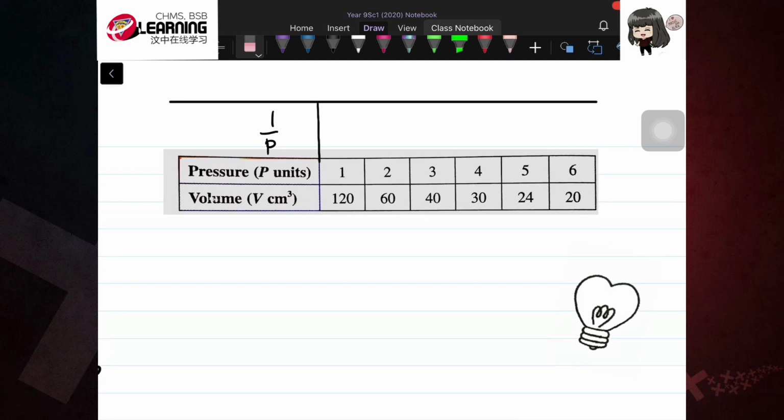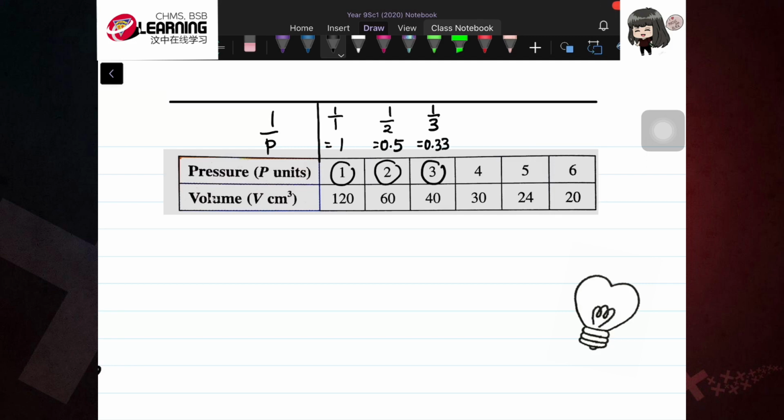So 1 over P is basically 1 over 1, which gives you 1. Then for 2, 1 over 2 gives you 0.5. For 3, 1 over 3 gives you 0.33.